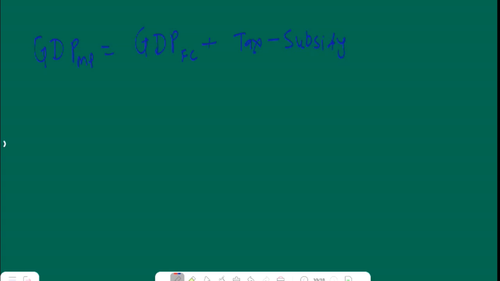We know that GDP is equal to NDP plus depreciation.